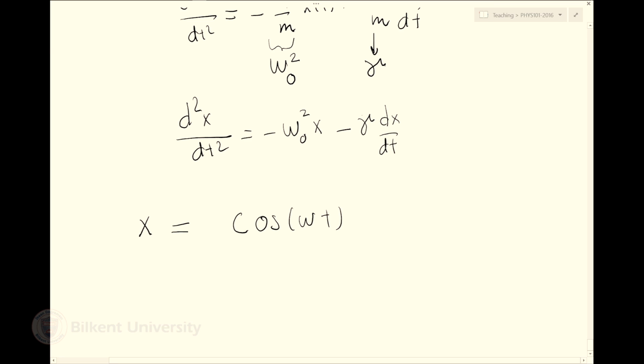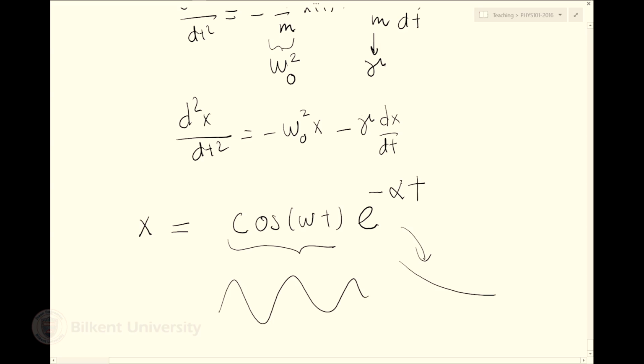So I somehow must have solutions which are going to 0 at large times. So I'll put in something which decays exponentially. That part will give me the oscillations, and that part is going to give me the decay. Alright?